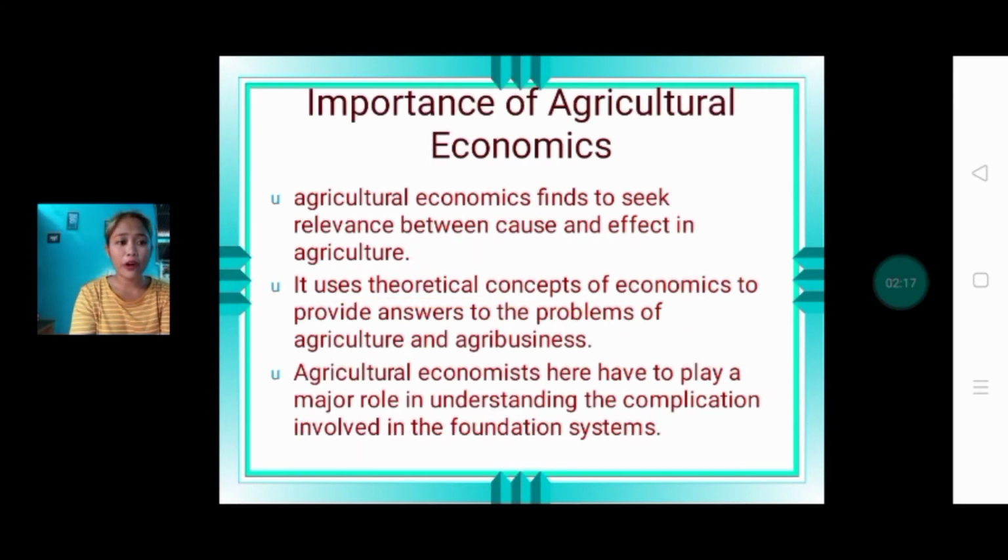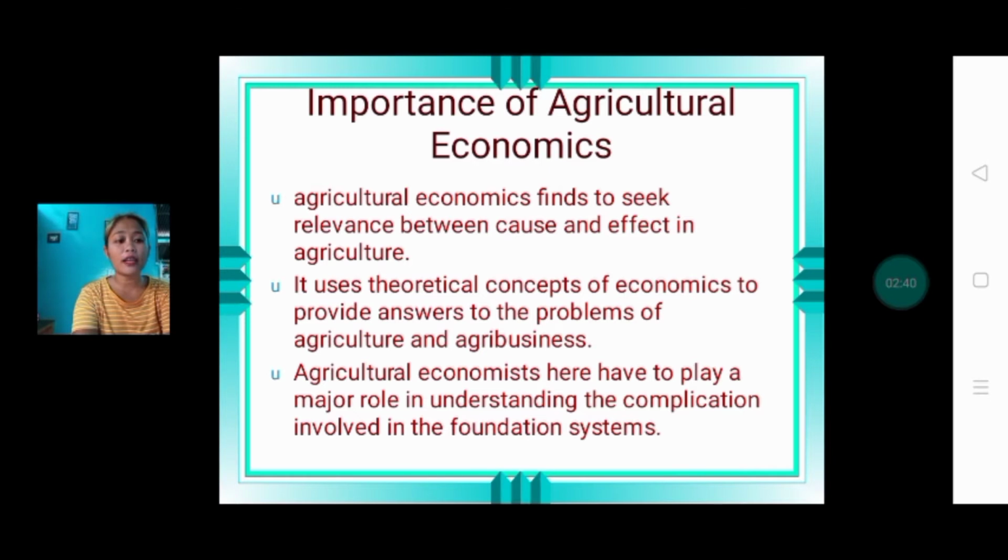Let's talk about the importance of agricultural economics. First, agricultural economics seeks to find a relevance between cause and effect in agriculture. Next one, it uses a theoretical concept of economics to provide answers to the problems of agriculture and agribusiness.